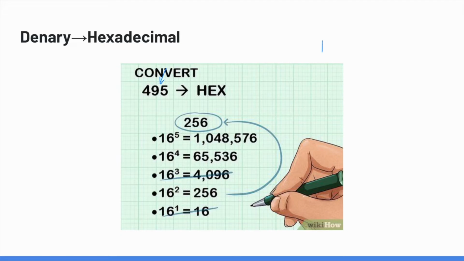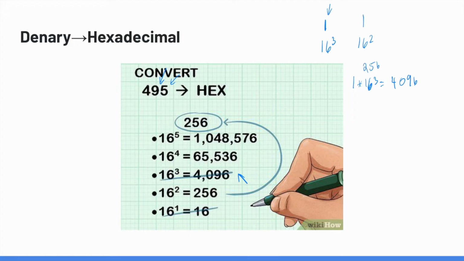Now if we start with 16 to the power of 3, we can see that 4096 is the smallest value that we can have in this place, because the smallest value we could have is 1, and 1 times 16 to the power of 3 is just going to be 4096. But that is much bigger than 495. For 16 to the power of 2, the smallest value is 256.